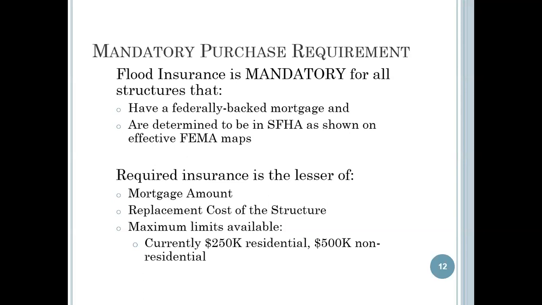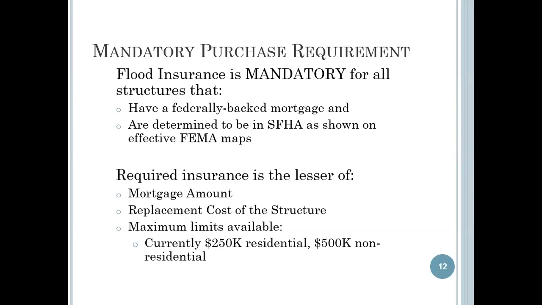So when map changes are happening within the communities, and we have a lot of those going on in your communities now, when the map goes effective, they will have their zone determination company determine whether or not their portfolio involved in that map change has been moved into a special flood hazard area.